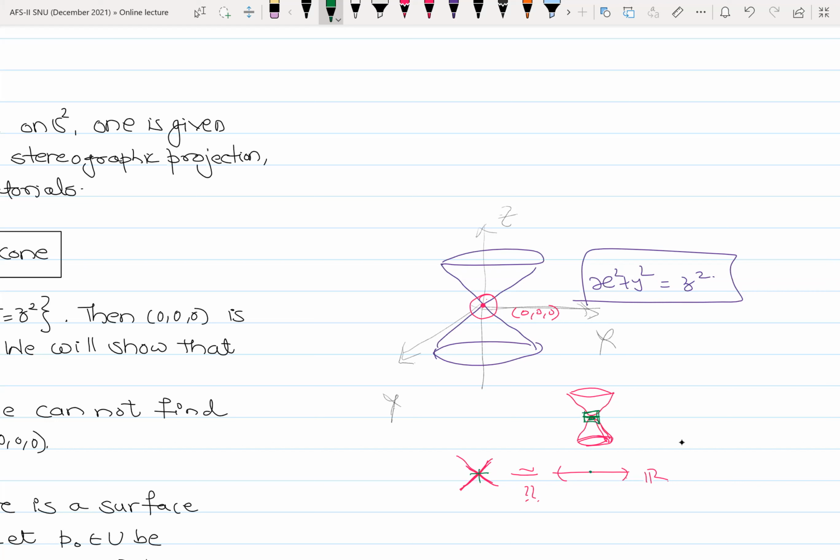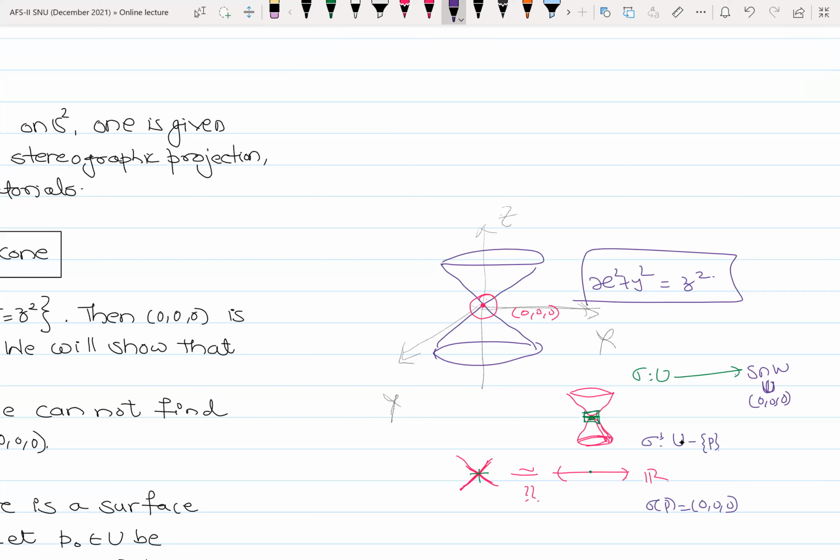Suppose there is a surface patch sigma from U to S intersection W, such that the origin 0, 0, 0 belongs to this patch. Then you can restrict sigma to U minus the point P, such that sigma of P is equal to 0, 0, 0.